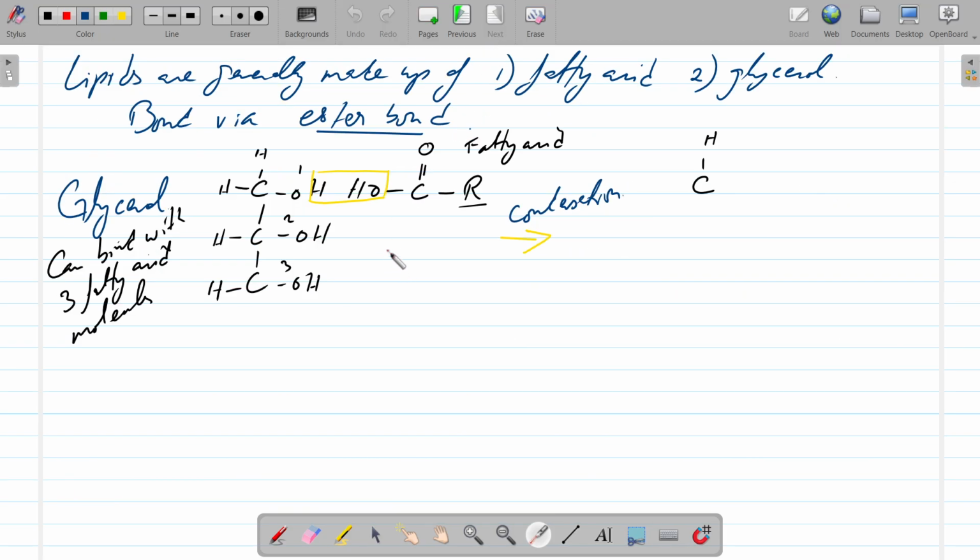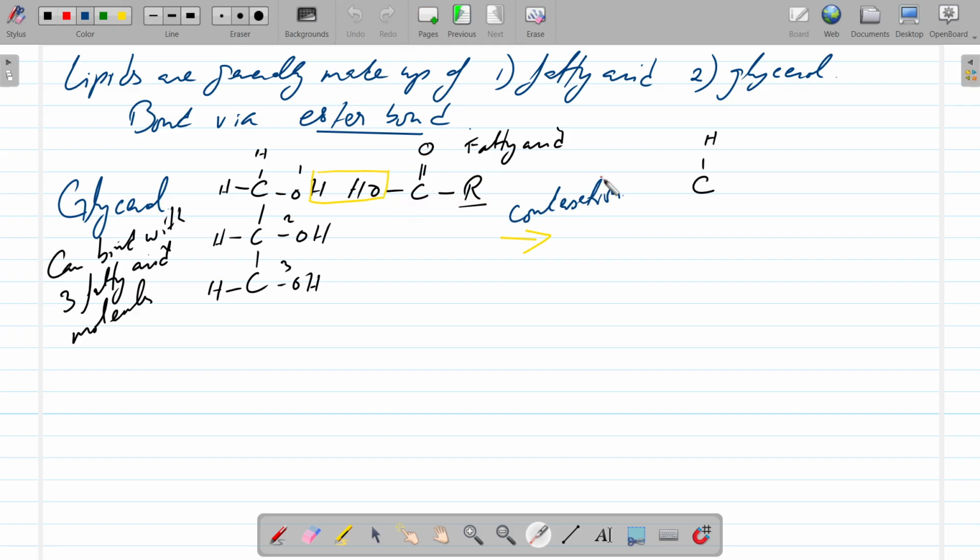Then we came to the fact that they're made up of fatty acids and glycerol. This is a molecule of glycerol, so it's 3 carbons, and each carbon has an OH group with it. So it can potentially bind with 3 fatty acid molecules. And this is the general structure of a fatty acid. You've got the carboxylic acid part over here.